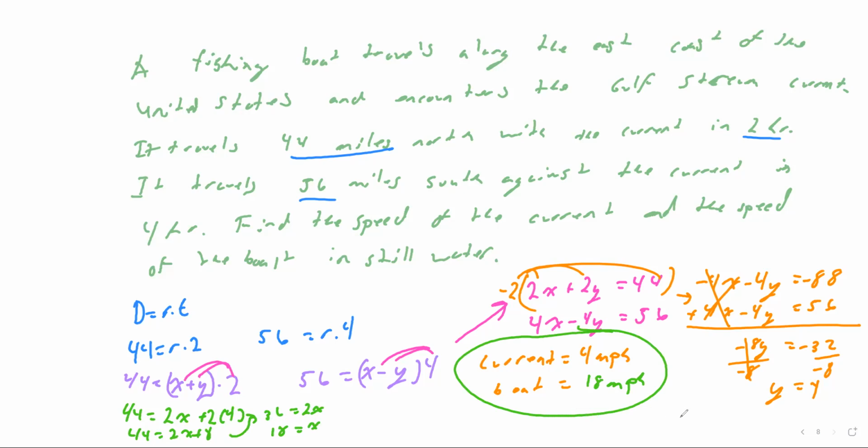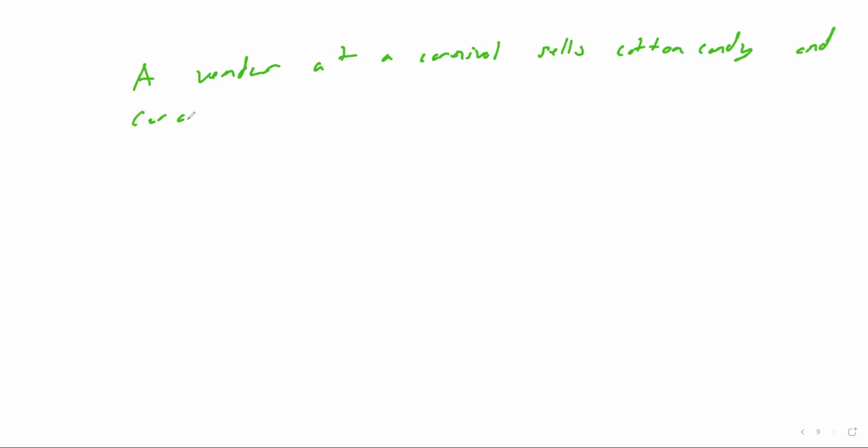All right, so we'll do one last word problem that you might see on your homework. It says a vendor at a carnival sells cotton candy and caramel apples for $2.